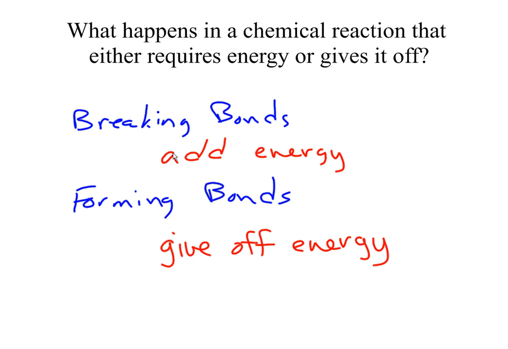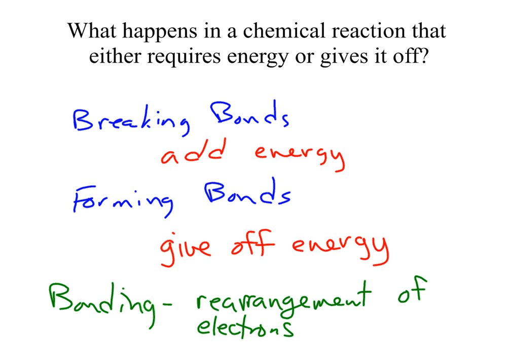Now, if we look a little deeper into bonding, bonding in reality deals with the rearrangement of electrons. So often that rearrangement of the electrons or the gain or loss of electrons is very directly involved in the energy being released or absorbed by a reaction.